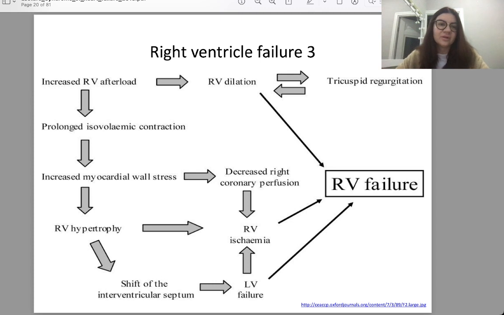Right ventricle failure mechanisms include increased right ventricle afterload that leads to right ventricle dilation and tricuspid regurgitation.